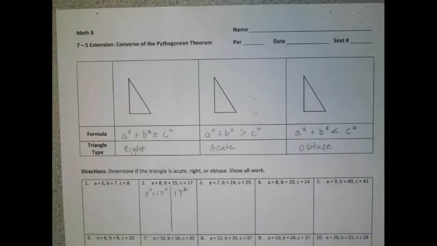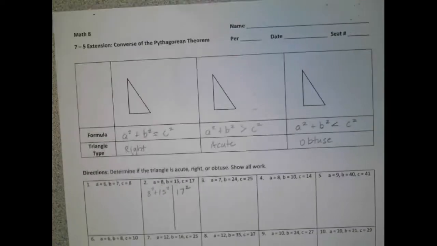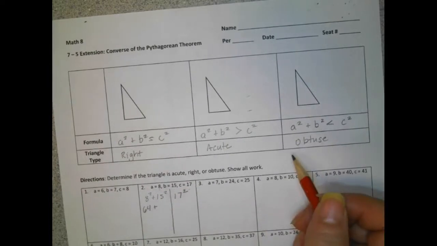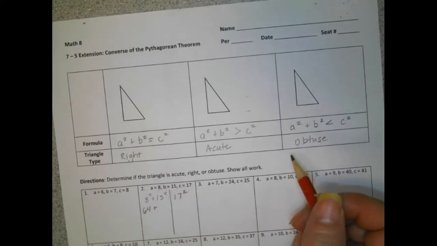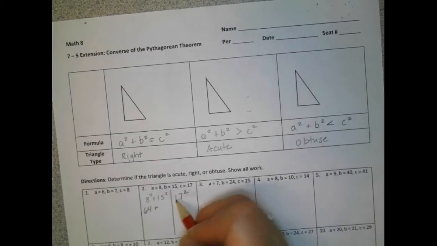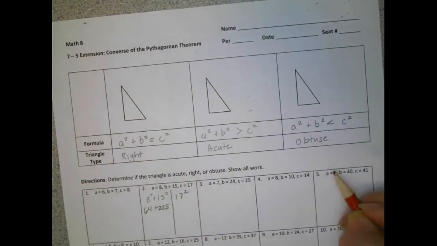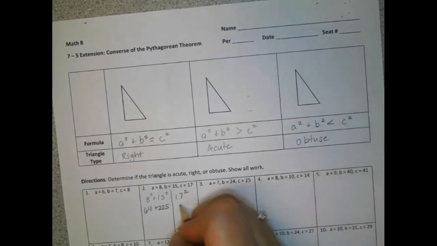Okay, so you guys might want to have your note cards out. So 8 squared is 64, correct? B squared, or 15 squared is, what is it? 225. And 17 squared is 289.